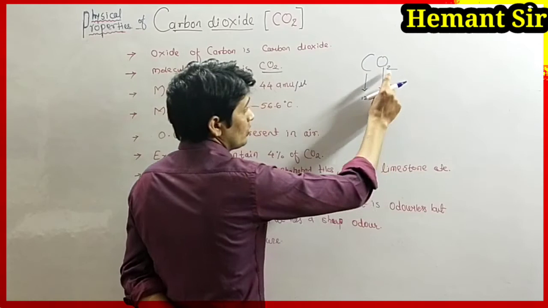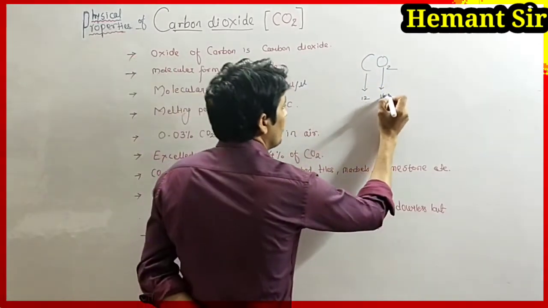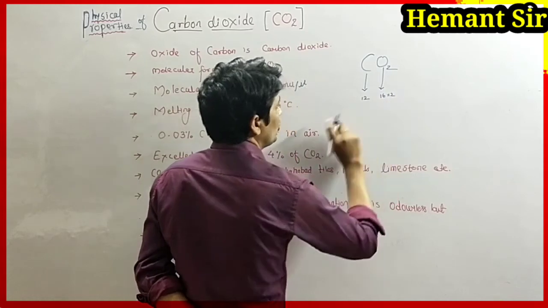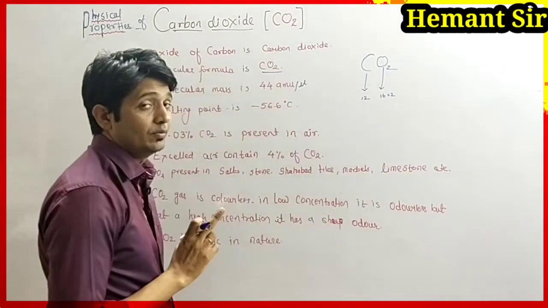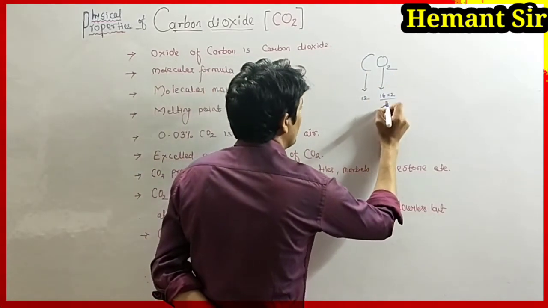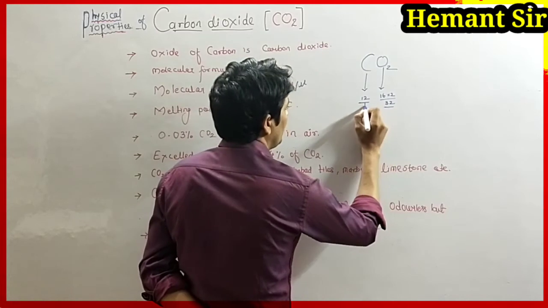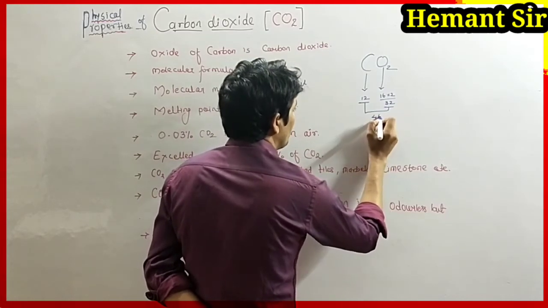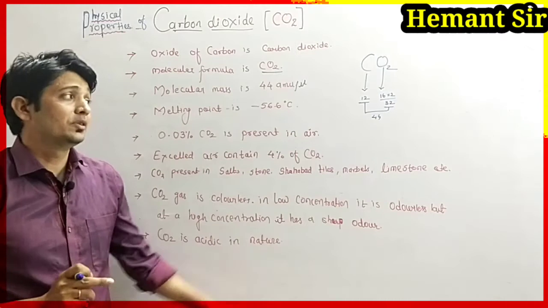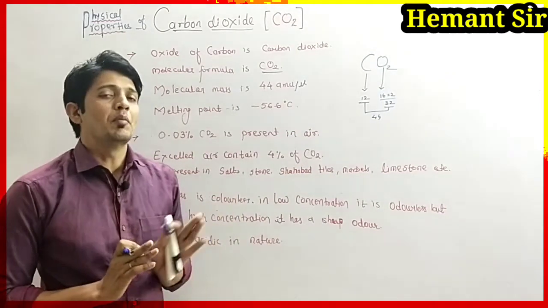But in carbon dioxide there are 2 oxygen atoms, so we have to multiply by 2. The mass of 2 atoms of oxygen will become 32. So 12 plus 32 equals 44. This is the way we calculate the atomic mass of any compound.